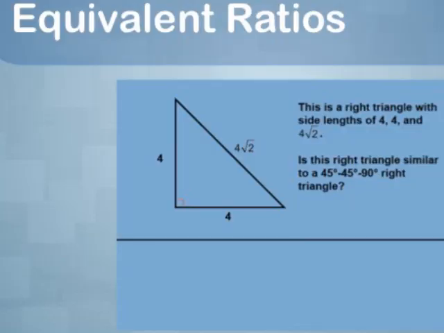This is a right triangle with side lengths of 4, 4, and 4 square root of 2. Is this right triangle similar to a 45, 45, 90 degree right triangle? In this example, we have a right triangle whose sides are in the ratio 4, 4, and 4 square root of 2.